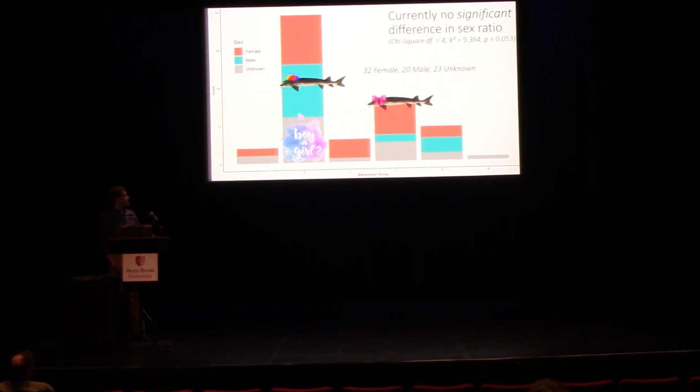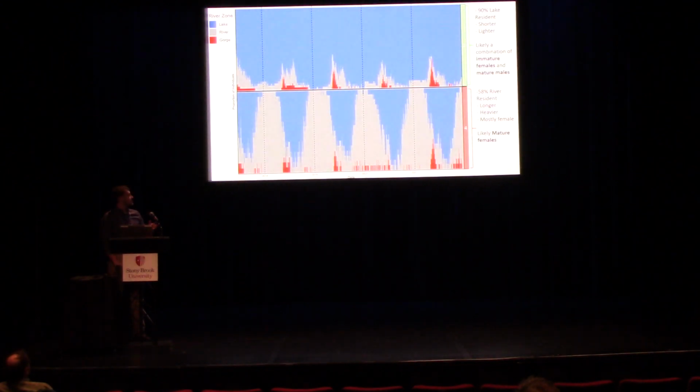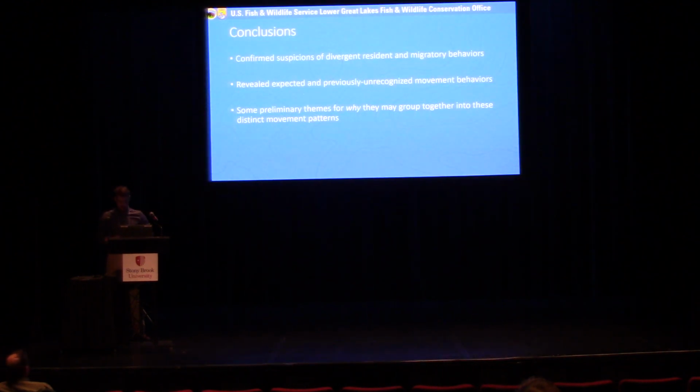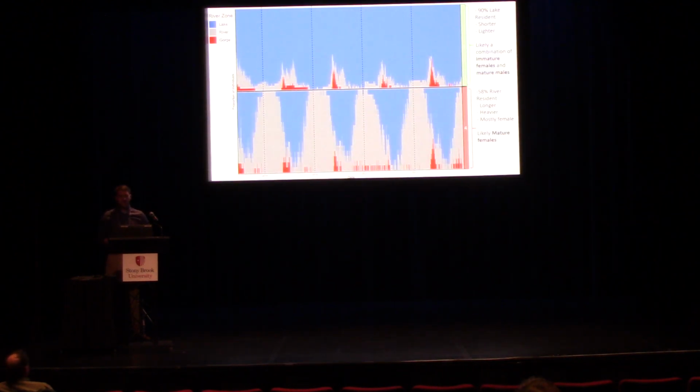But it does look like a really high proportion of our males are in that second group, the smaller, lighter group. The last thing I'll show you, looking at those last two movement behavioral groups, is that the smaller group appears to be about 90% lake resident.